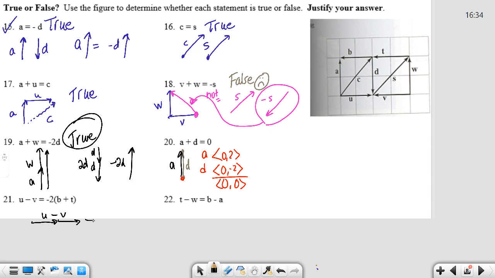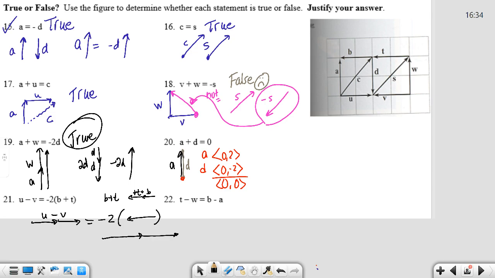Does that equal, let's do b plus t. So b plus t. Here's b, and then plus t. Okay, there's those guys. That's good. But I've got to do negative 2 of that. So negative 2 times that would mean it goes the opposite direction twice as long.